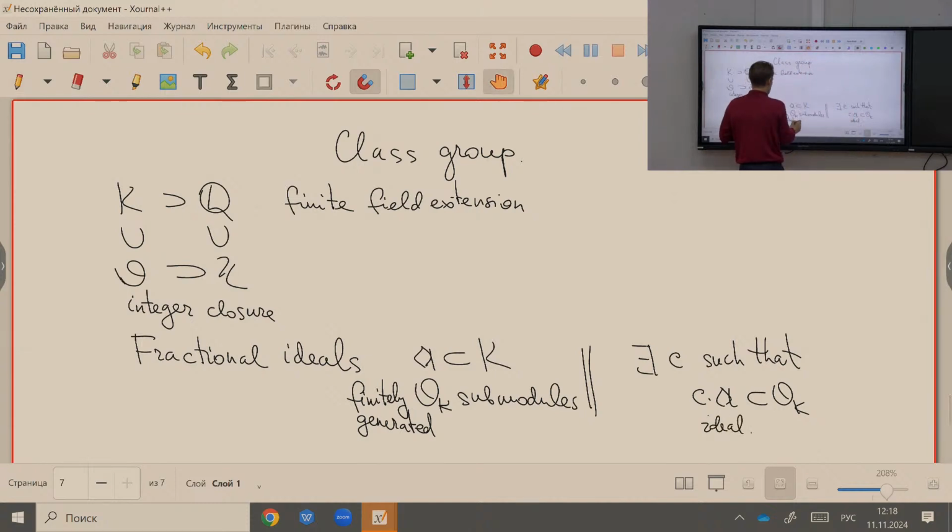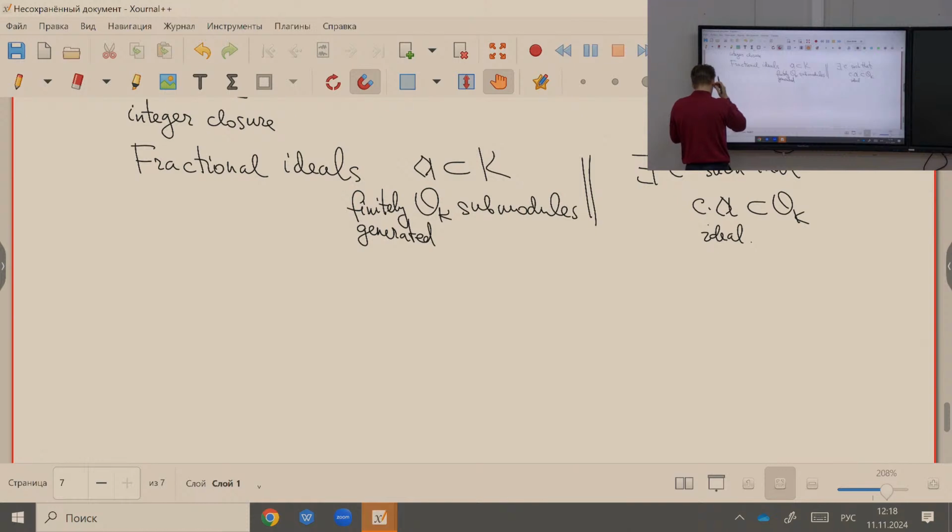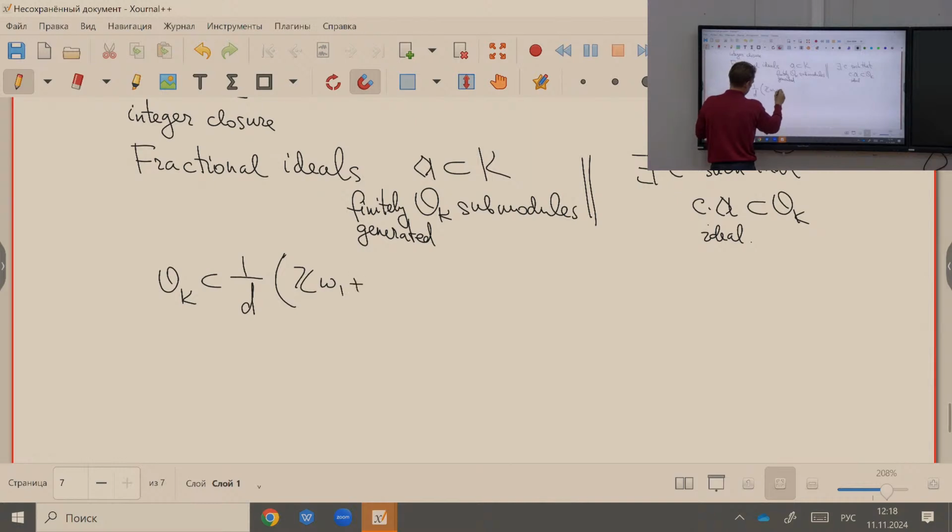So now we can recall that, as we have learned, O_K sits inside 1 over d times Z omega_1 plus ... plus Z omega_n, where you can take them as the subset.